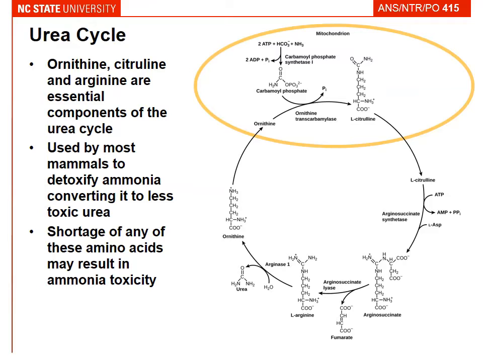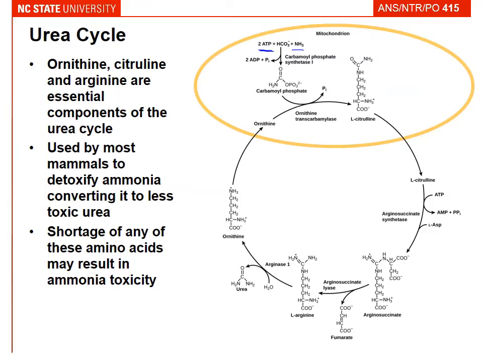So with that, you can see here within our mitochondria, we have our ammonia bind with bicarbonate, and this requires energy, 2 ATP, and then we get the formation of carbonyl phosphate. This then combines with ornithine, which is one of those non-protein amino acids.